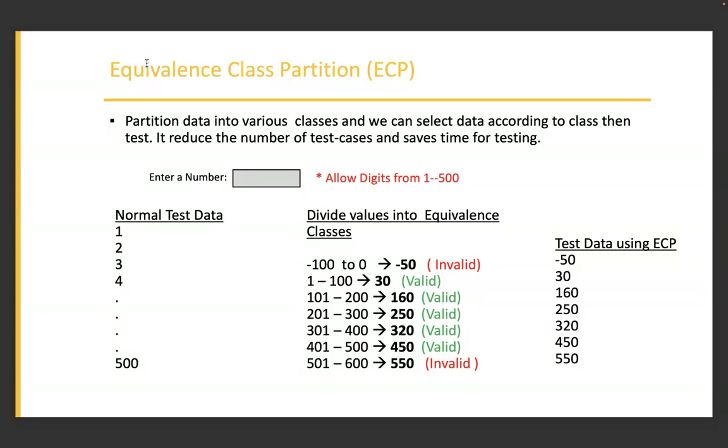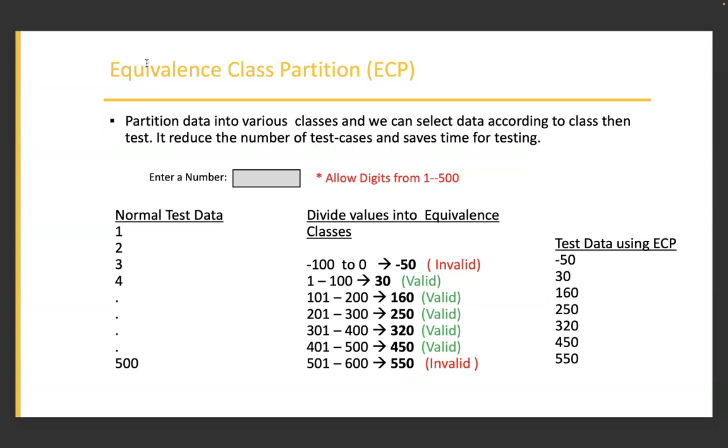In ECP, you segregate the values into sets, like 0 to 10,000, 10,000 to 20,000, 20 to 30. So you partition your data, guys. Out of those partitions, you take one or two inputs from each of them and pass the value to the input field.